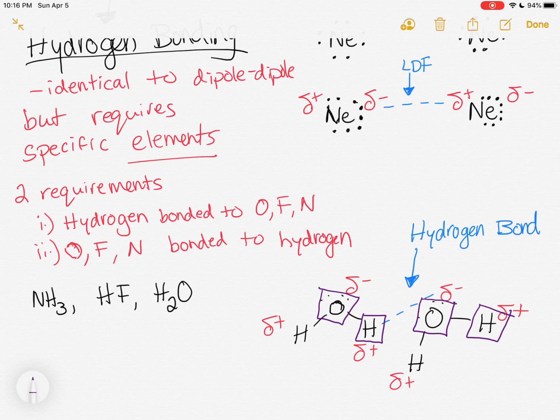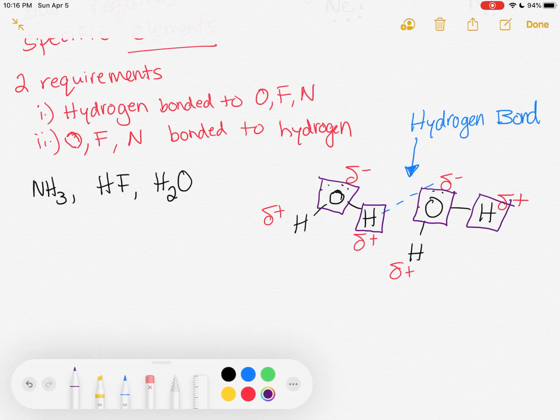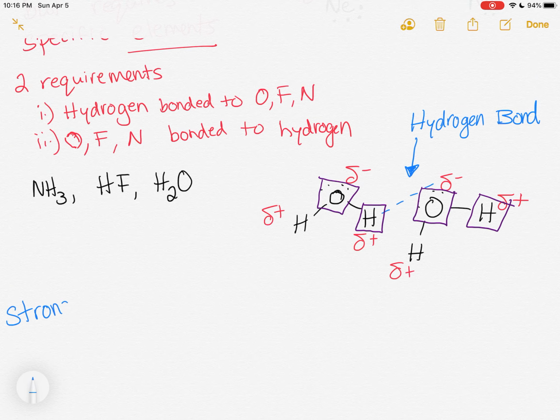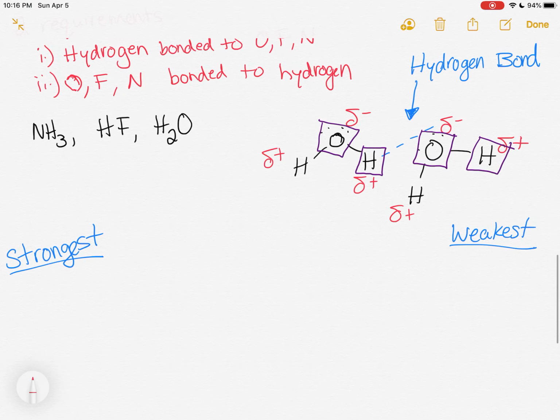Okay, hydrogen bonding is just like dipole-dipole, but it is stronger than a regular dipole-dipole. So if we want to compare our different types of intermolecular forces by strength, we put the strongest over here versus the weakest on the right side. We're going to start out with the strongest being ionic forces, and our weakest are LDFs.